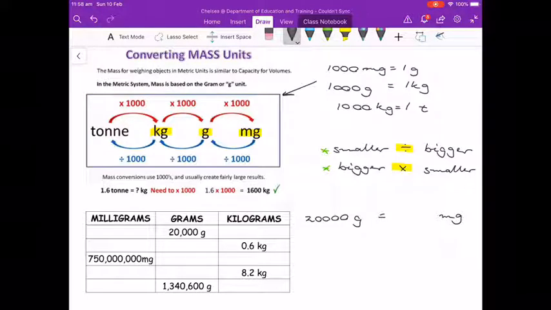If we look at the chart above, grams to milligrams is actually multiplying by 1,000, or adding 3 zeros. We've got 20,000 adding 3 zeros, because that's what happens when we multiply by 1,000.